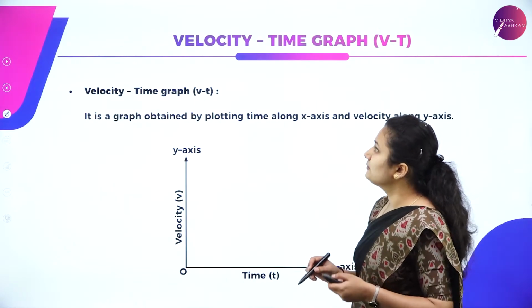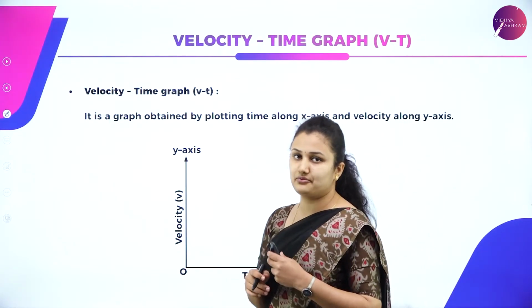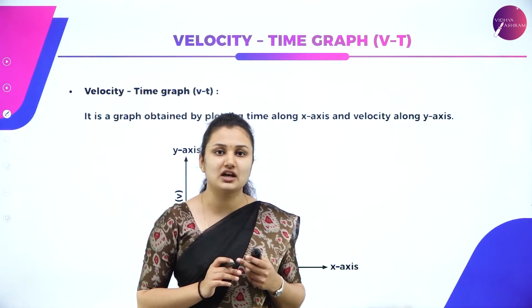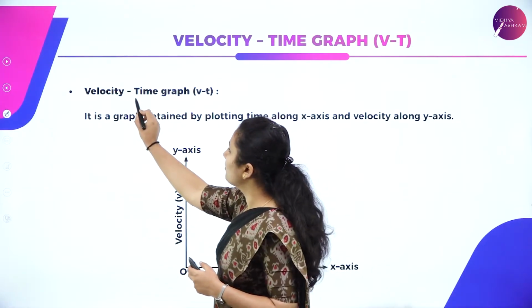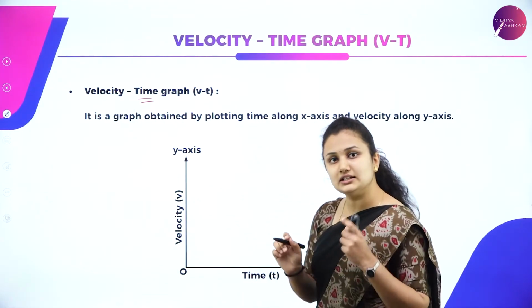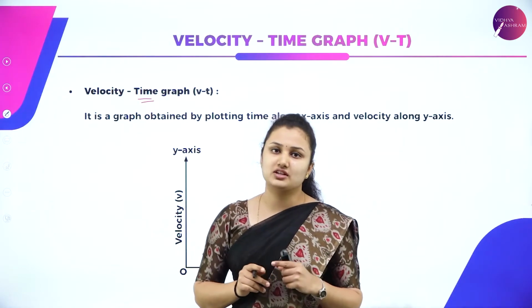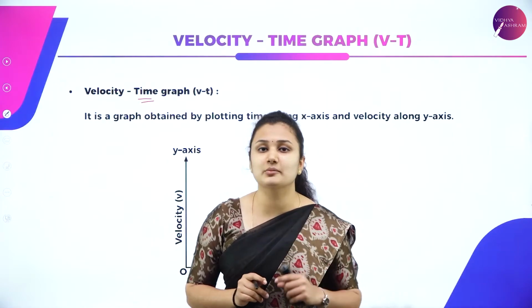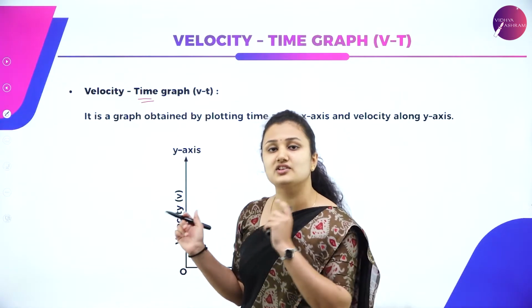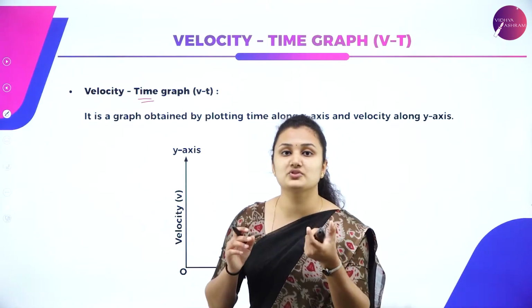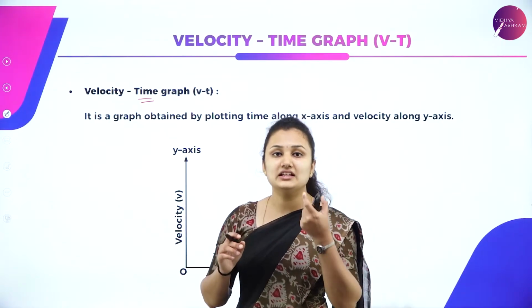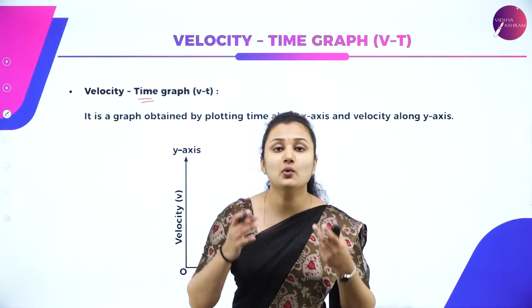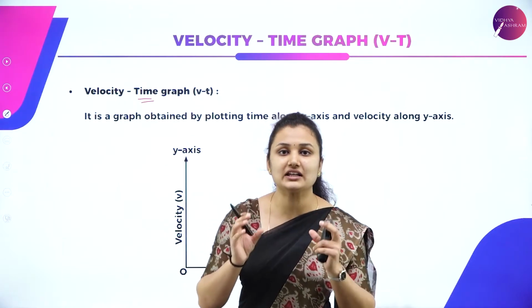So next we have velocity time graph. So far we studied position time graph. Now let us study what this velocity time graph is. What is the significance and purpose of studying this position time graph? And why should we study this velocity time graph? The slope of position time graph at any instant of time gives us the velocity of the object at that instant.